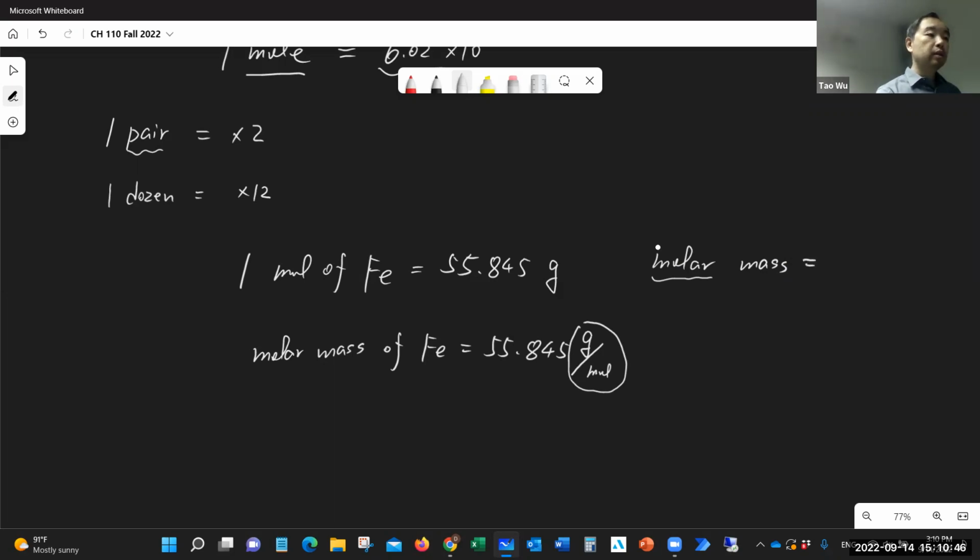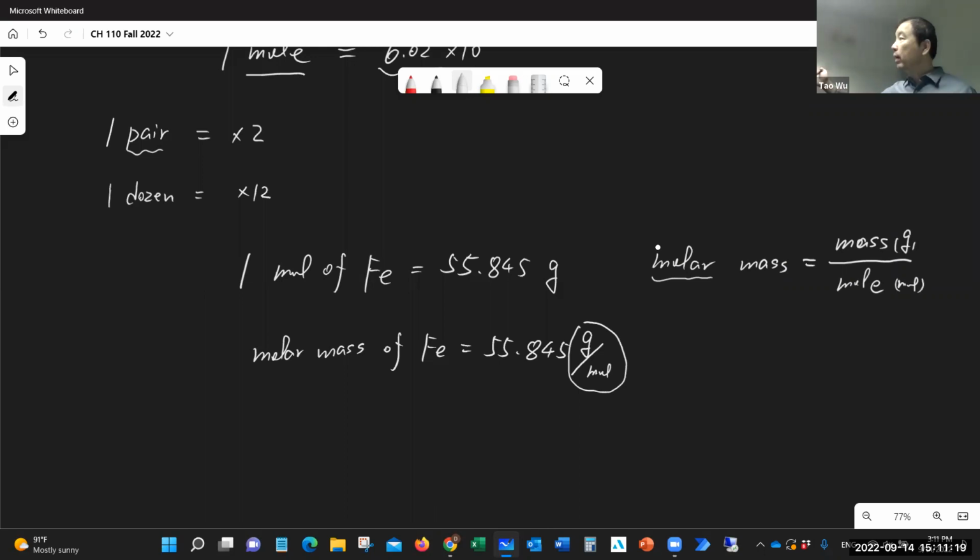If you know the mass of a certain object and divide it by how many moles of this object, then you will figure out the molar mass. The molar mass is just mass over mole. So the unit of mass is gram, mole is mole, and that's why the unit is gram per mole. This is what we call the molar mass of iron.